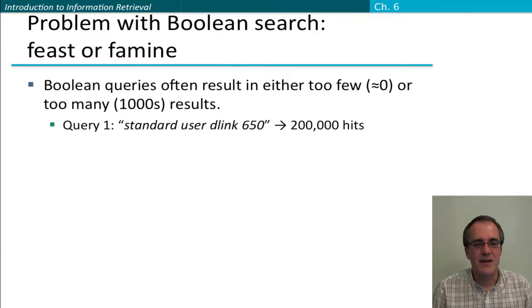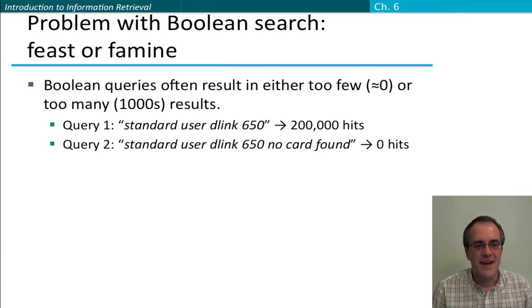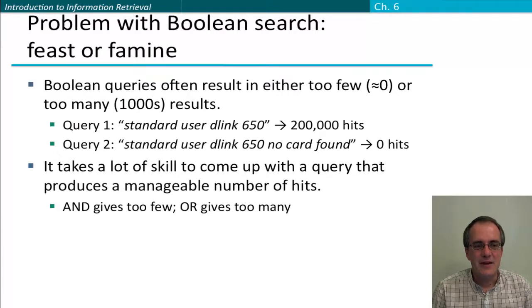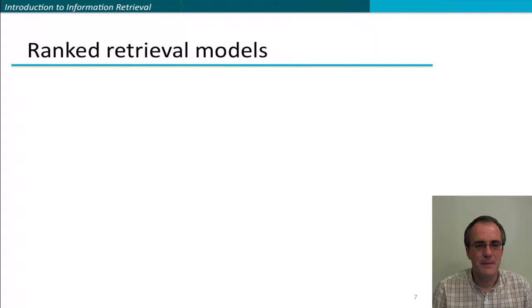So I try and make my query more specific and ask standard user dlink 650 no card found, but then I get 0 results. It takes a lot of skill to come up with a query that produces a manageable number of hits. The basic problem is if you're putting an and between words, you get too few results, and if you put or between words, you get too many results.